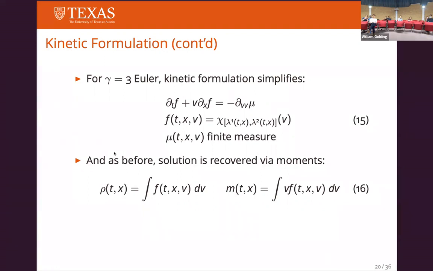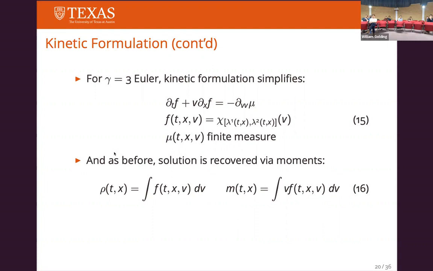Because you recover the physical quantities via moments, you can say which interval it has to be, and the interval is between the two characteristic speeds. So this is a much simpler thing, and we actually know how to work with this because it's kinetic looking.